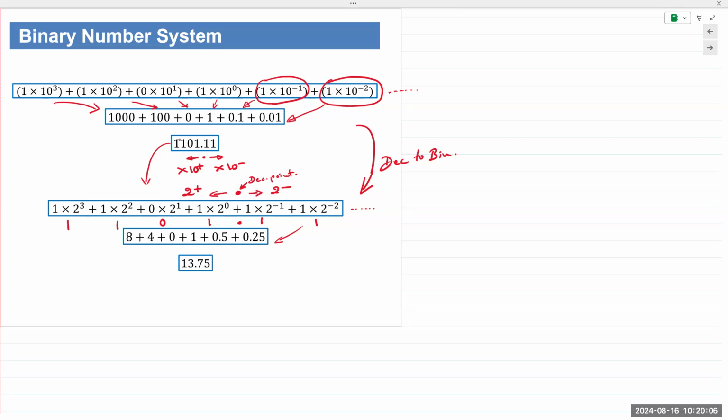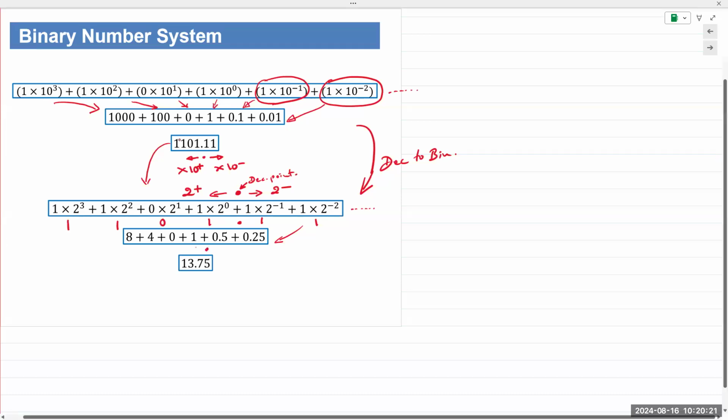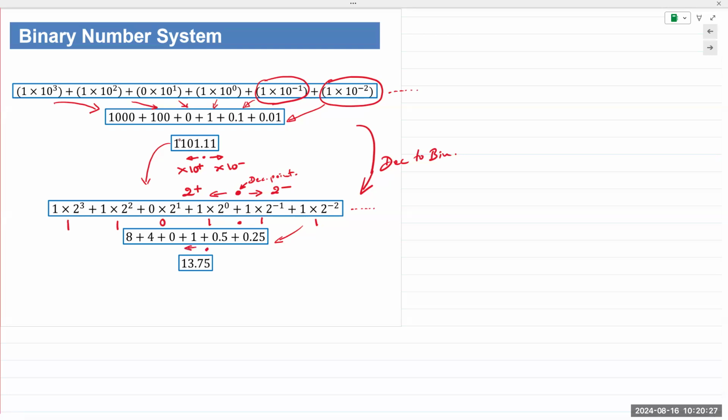The next digit again is 1, 1 into 2 raised to minus 1, which is half, 1 over 2, 0.5. And this is the decimal point here. On the left, 1 into 2 raised to 0, 0 into 2 raised to 1, 2 raised to 2, 2 raised to 3.